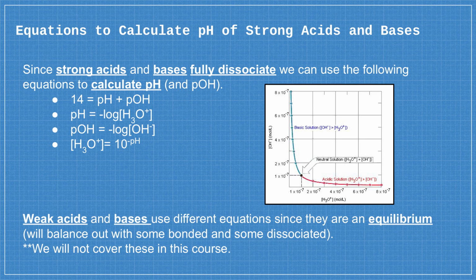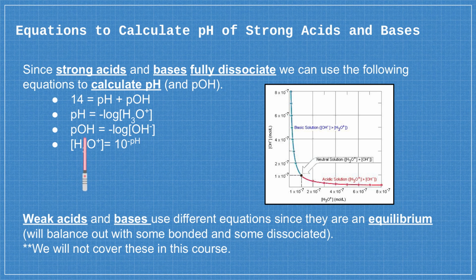Equations to calculate pH of strong acids and bases. Since strong acids and bases fully dissociate, we can use the following equations to calculate pH and pOH. Because our pH scale is a 0 to 14 scale, 14 is equal to the pH plus the pOH. pH is equal to the negative log of your hydrogen ion concentration or your hydronium ion concentration.